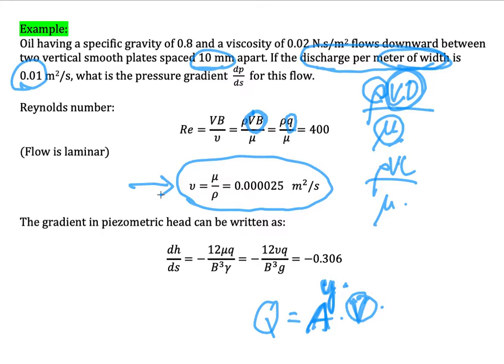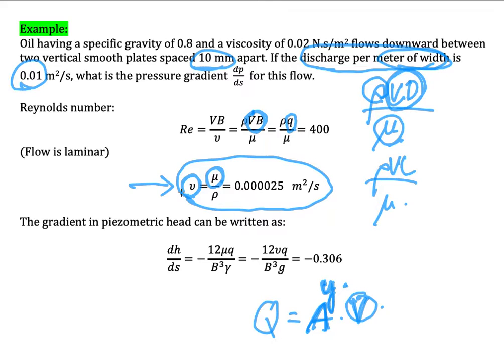That's why viscosity is very important in fluid mechanics research. There are two types of viscosity: dynamic viscosity and kinematic viscosity. The dynamic viscosity is mu here, and the kinematic viscosity is nu. I think you already know this one.